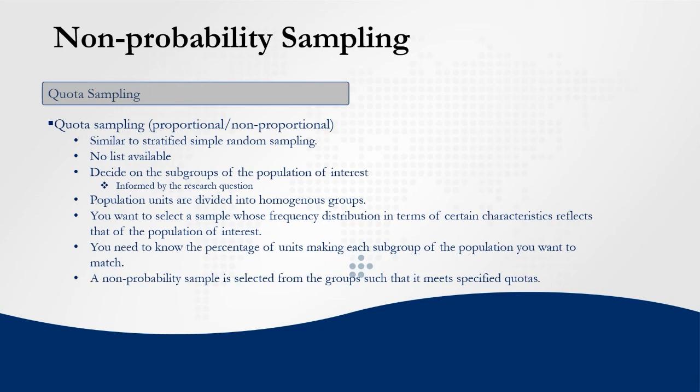Then the 30%, I will share it, maybe 10% for honors and postgraduate diploma, and maybe 20% for master's students. So I will apply those quotas. Even when I do my non-probability sampling, I will ensure that my sample meets those quotas so that I can say that I've covered all the groups within my population.